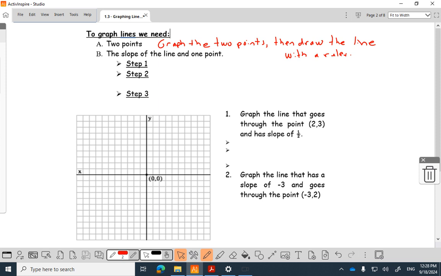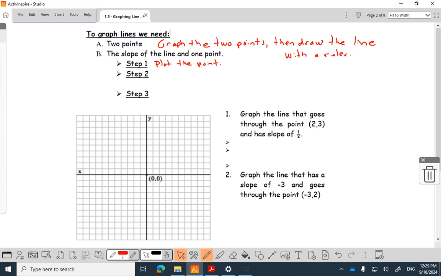If they give you the slope and only 1 point, here's what you do. Step 1. Plot the point. They give you a slope and a point. Go ahead and graph that point. You already know that point's on the line. Step 2. This is the only tough thing we got to do all day today.